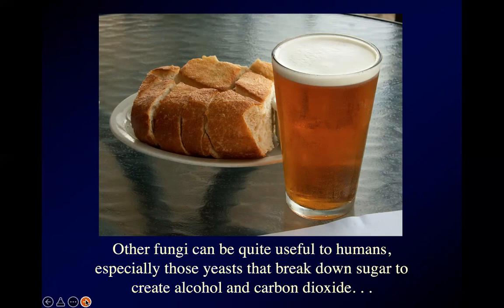So if you take a sugary liquid like grape juice or apple juice, or a liquid made out of grain that has just begun to sprout, all of those have lots of sugars. Turn yeast loose on those liquids, and they'll break down the sugar into carbon dioxide gas and ethyl alcohol, and that's how you get wine, cider, or beer.